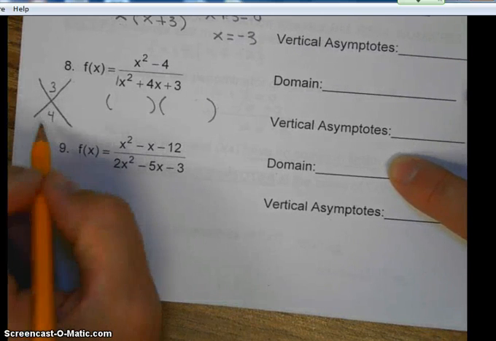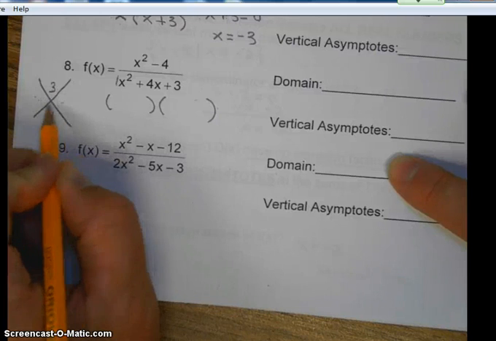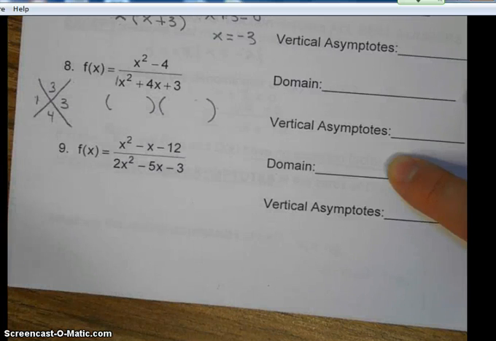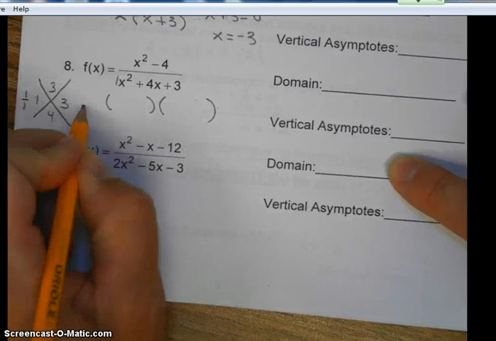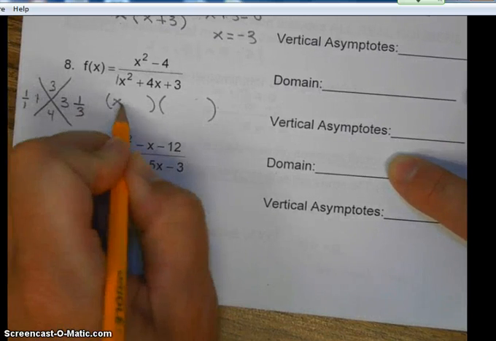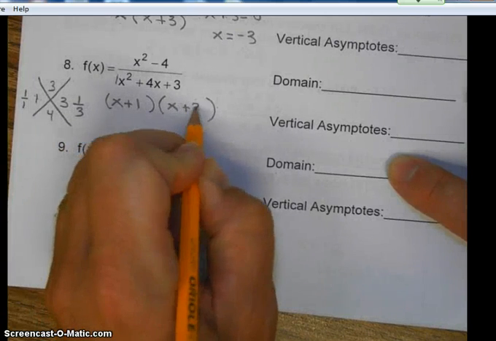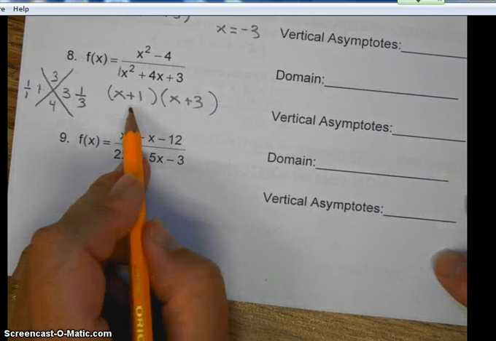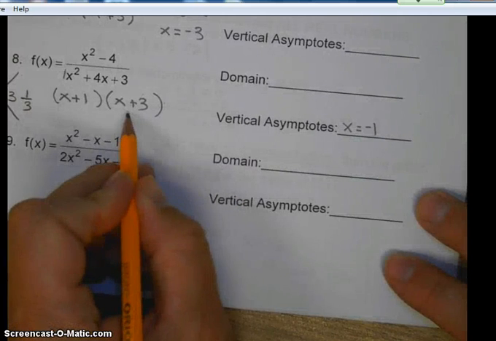Remember that we want two numbers that multiply to give us 3 and add to give us 4. So obviously it's going to be 1 and 3. So (x + 1)(x + 3). We have a vertical asymptote at -1 and a vertical asymptote at -3.